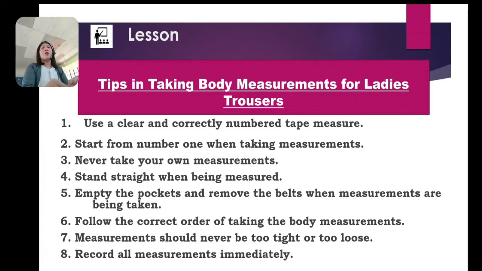First, use a clear and correctly numbered tape measure. Of course, you need to use a clear and correctly numbered tape measure. Second, start from number 1 when taking measurements. Yes, you need to start from number 1 when taking measurements.